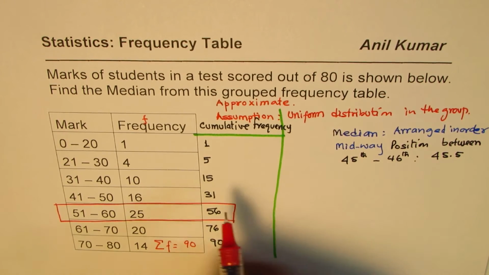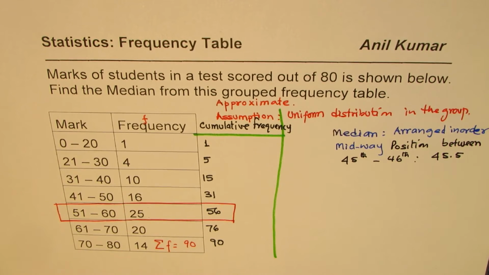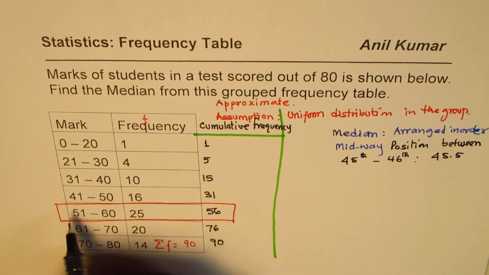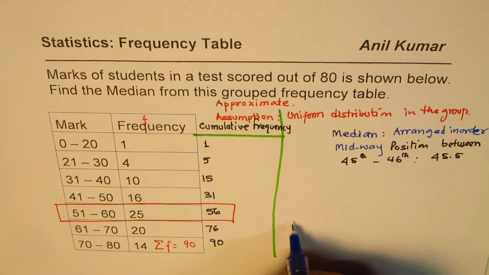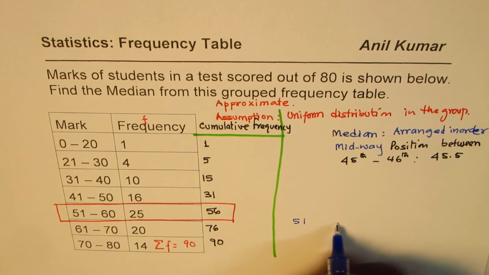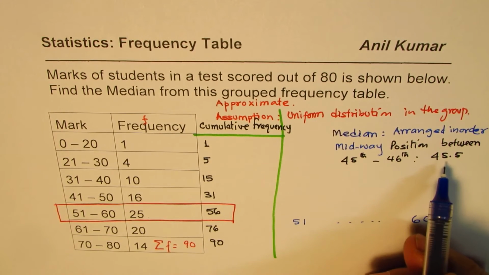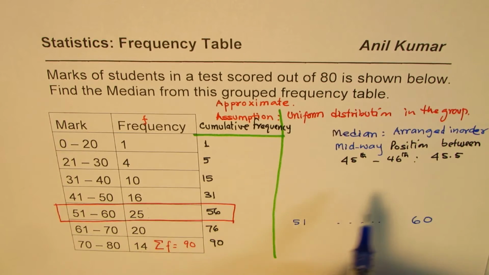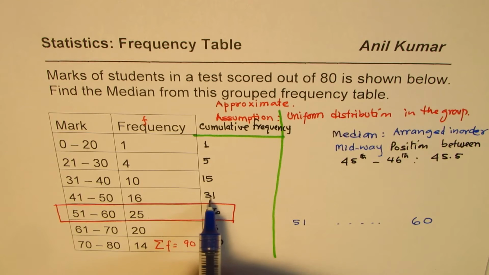And now, how much higher than 31 is it? Let's find out how far within this interval. We have this interval from 51 to 60, and we are looking for something whose position is how much away from 31.